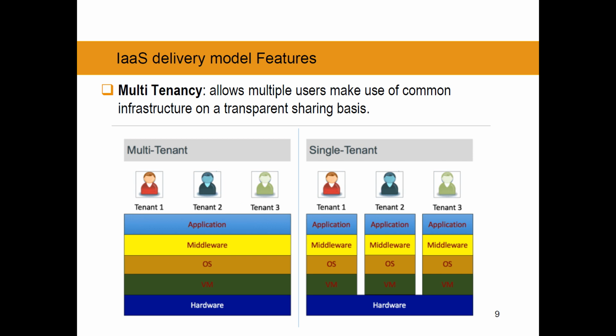Other features of this model, right? Multi-tenancy. Multi-tenancy means allowing multiple users to make use of common infrastructure on a transparent sharing basis. You see, although you have tenants 1, 2, 3, the application is the same, the middleware is the same, they can share.